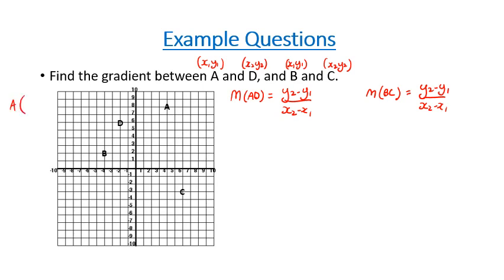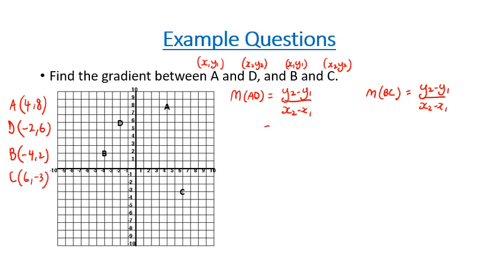We need to know the actual values of these points. So A is going to be 4, 8. D, because they go together in the same question, is -2, 6. B is -4, 2. And C is 6, -3.